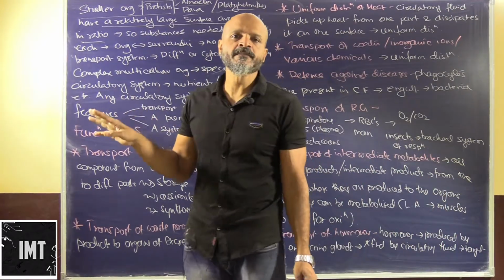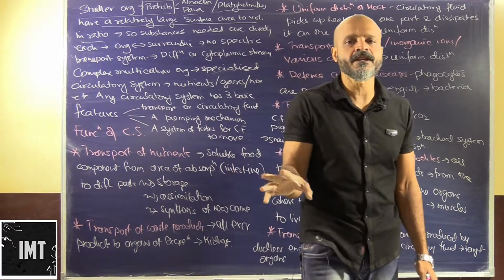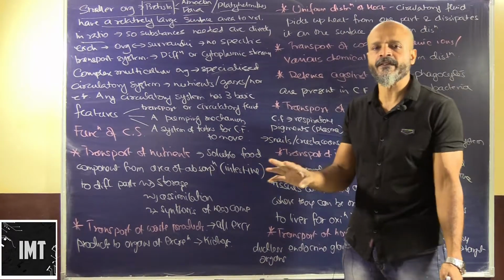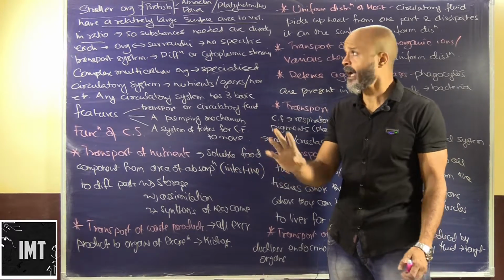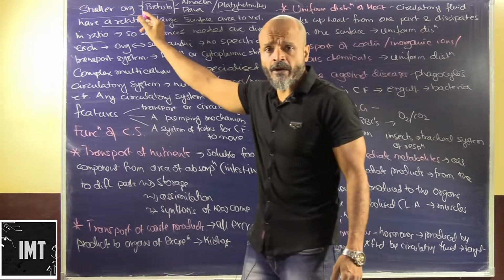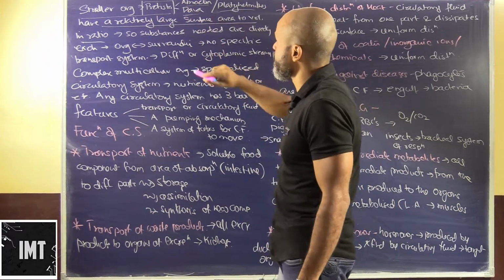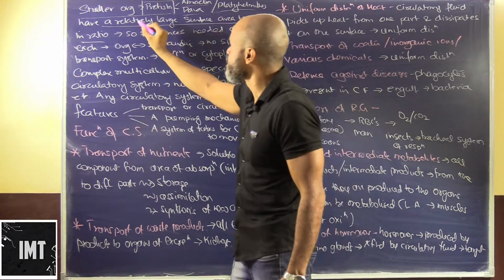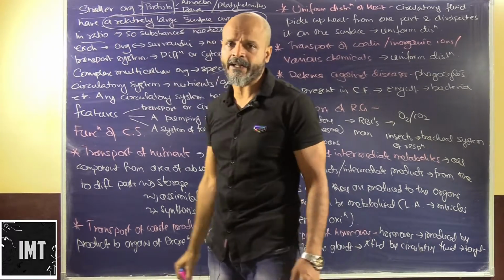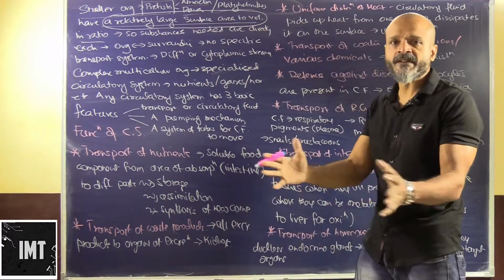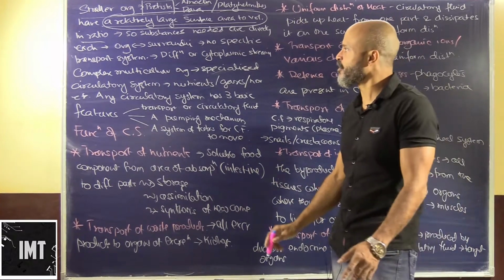So cytoplasmic fluid or cytoplasm is the one which is taking part in the transport of various types of respiratory gases, nutrients, and so on. The surface area is large as compared to the volume that they occupy.